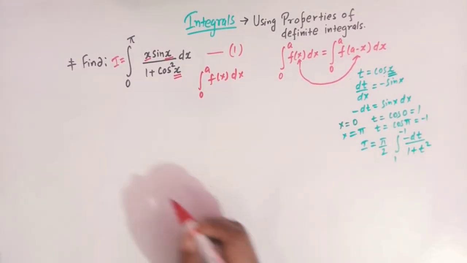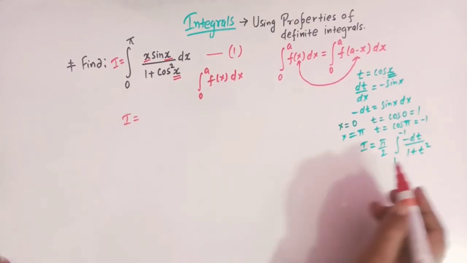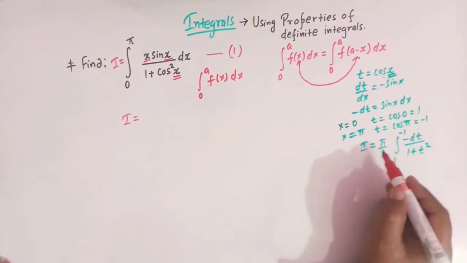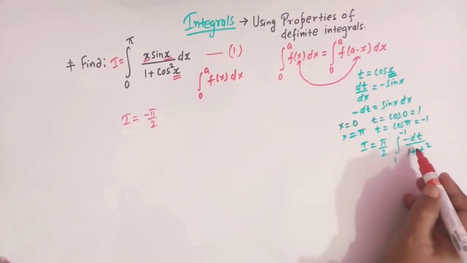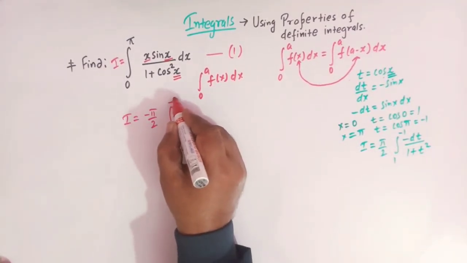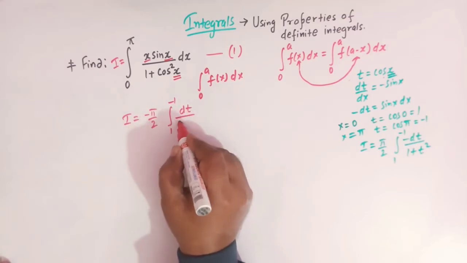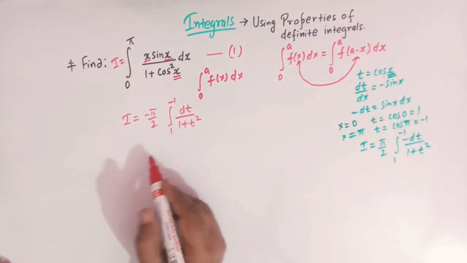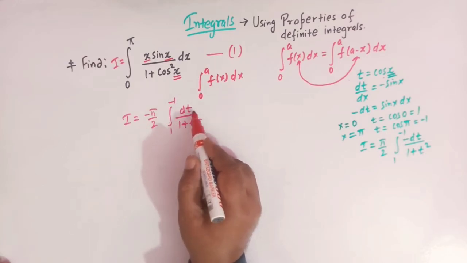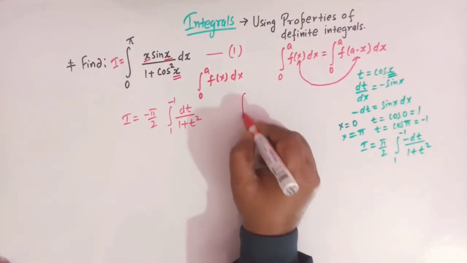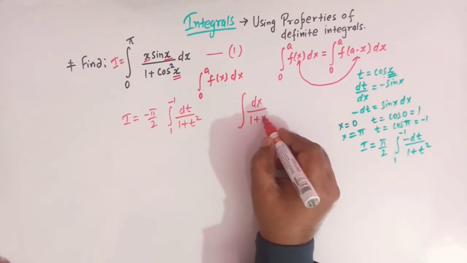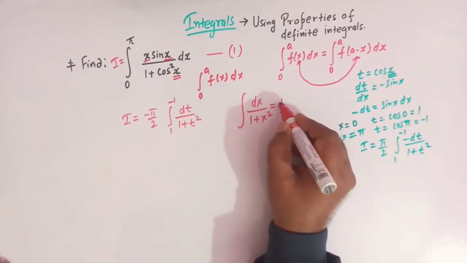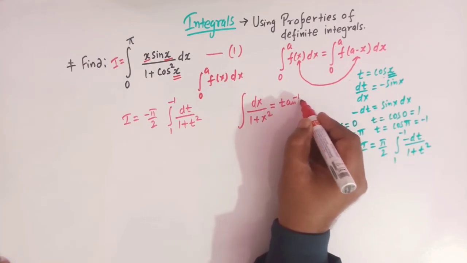So now we have I is equal to, we can take the negative sign outside, so we have minus pi by 2, and here we have 1 to minus 1, dt over 1 plus t square, right? And now this is a well-known integral, because we know that dx over 1 plus x square is equal to tan inverse of x.